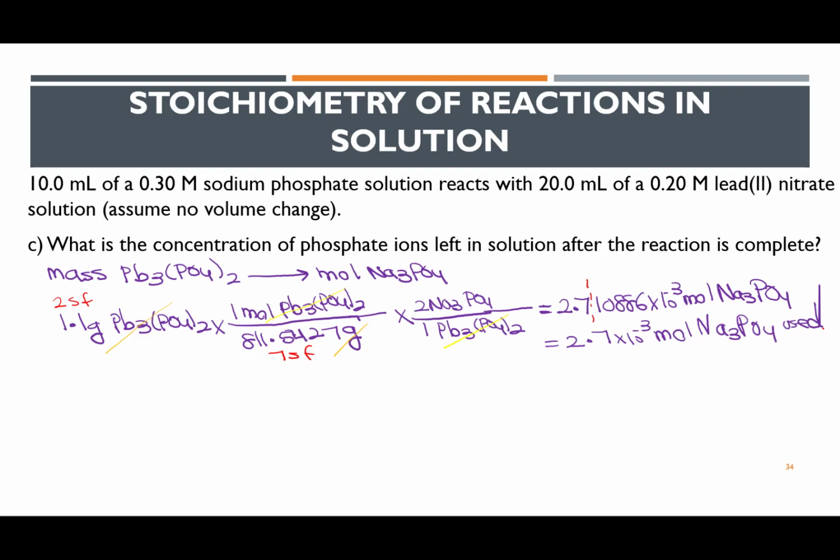Then what we're going to do next: we use this many moles. How much did we start with? Because we have to find out the moles leftover. To know how much we started with, it's 0.3 mole per liter times 10.0 times 10 to the power of negative 3 liter.